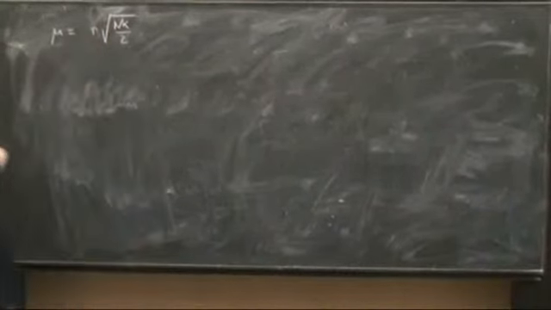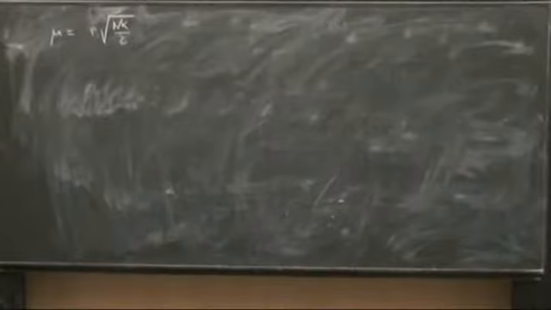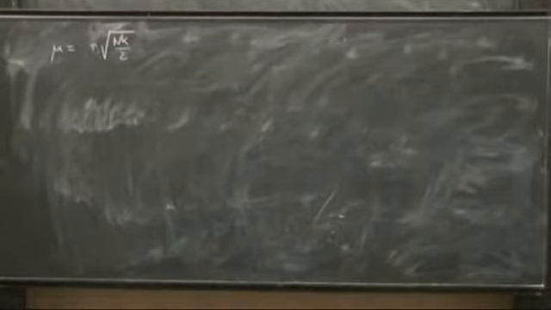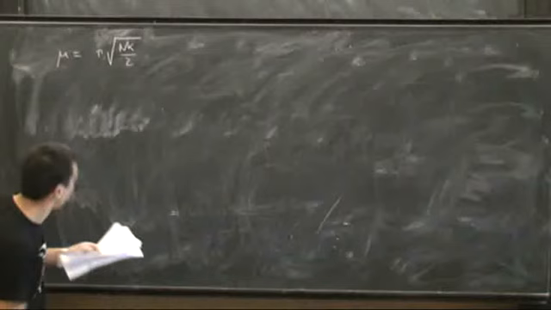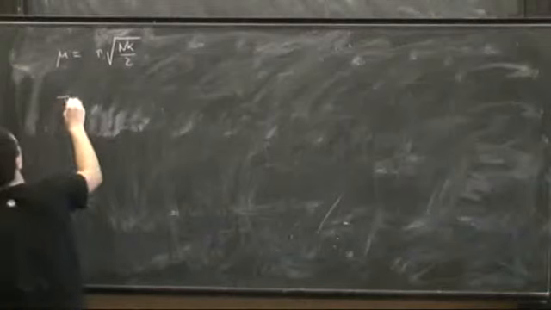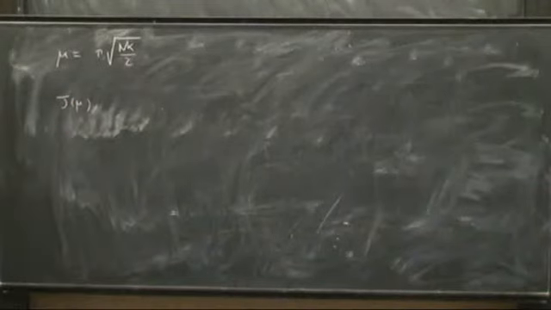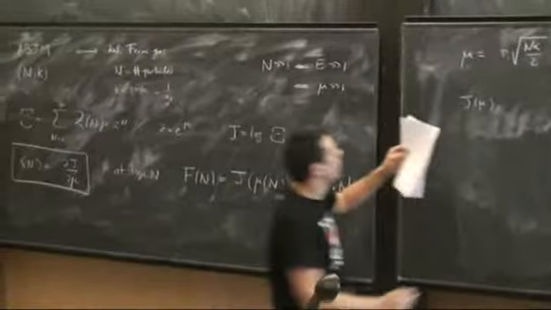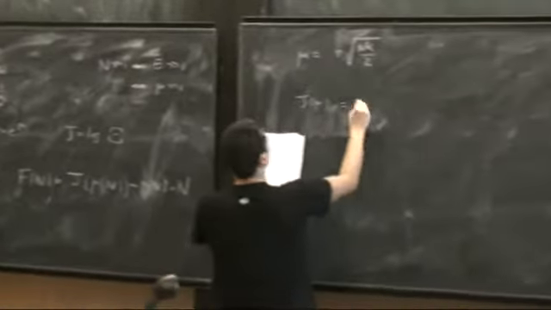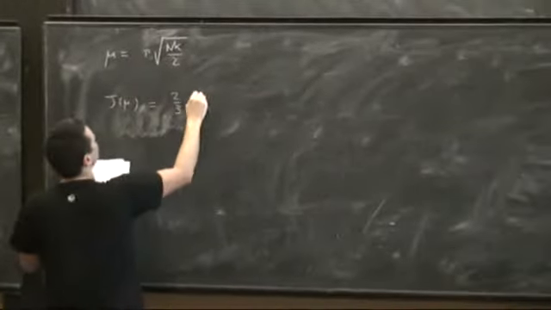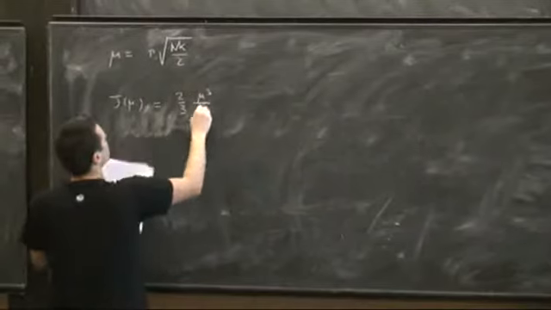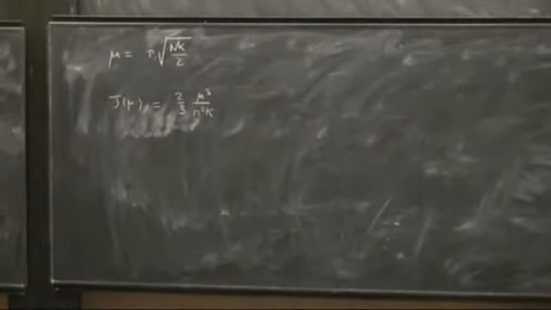And then this is my assumption that when n is large, mu is large, is actually consistent. Mu is proportional to the square root of n. And now J of mu, the easiest way to calculate this is just by integrating this relationship. And then if you integrate there, you get 2/3 of mu cubed divided by pi squared k. This is a trivial integration.